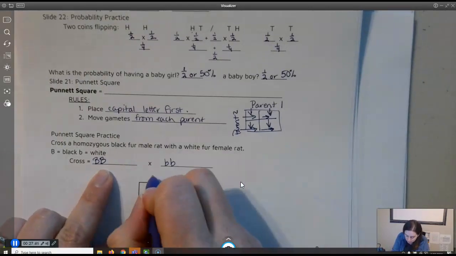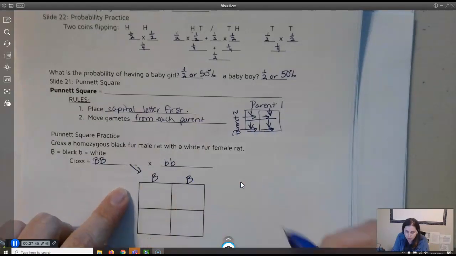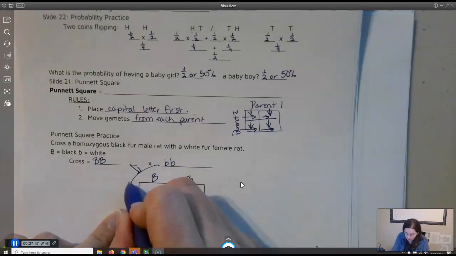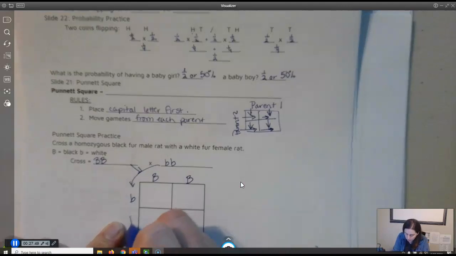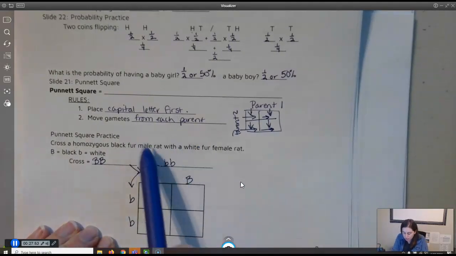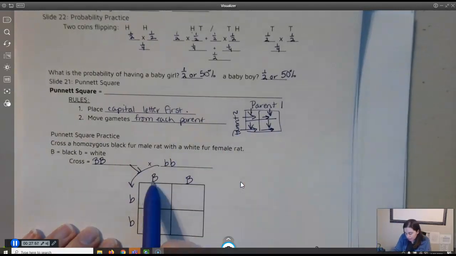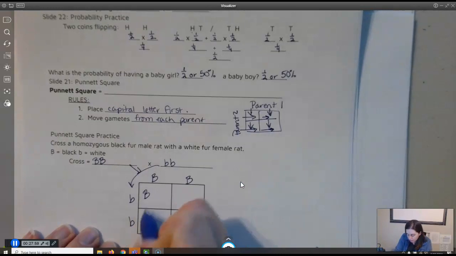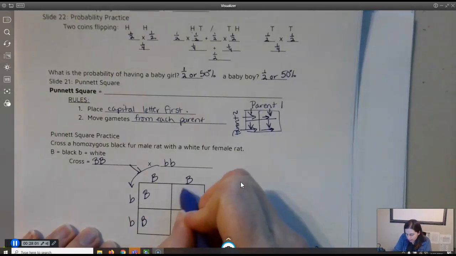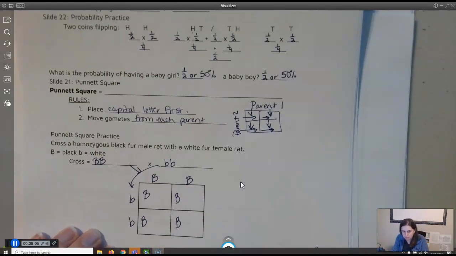Take your parent 1 and bring the alleles down over here, big B, and bring parent 2 over to here, little b. And we customarily always put the capital letter first. So I always start at the top and work my way down, and if I know I have a capital letter, I just scooch it all the way over to the side, same here, so that I have room for a second letter after it. Okay?